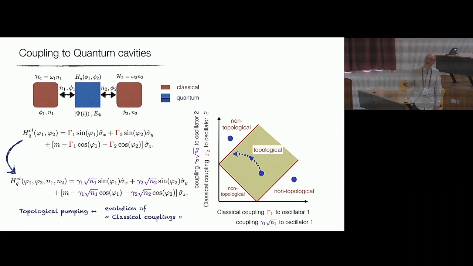If you start outside, in this non-topological region, your coupling amplitude doesn't change in time, because n1 and n2 don't change. You don't pump, and you stay where you started. If you start in the topological region, because you're pumping, because you have this Chern number, these couplings are going to evolve. Let's say you're pumping from bath 2 to bath 1. You start here, and you're going to evolve into this topological region. That's for the classical case.